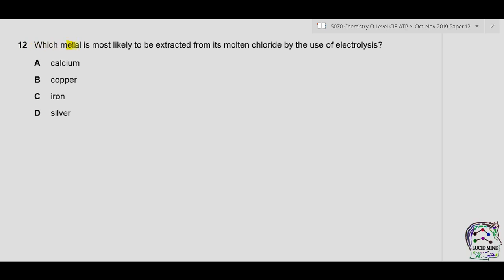Question 12. Which metal is most likely to be extracted from its molten chloride by the use of electrolysis? From reactivity series we know that potassium is the most reactive one, then we have sodium, then calcium, then magnesium, then aluminum, zinc, iron, lead, copper, silver, and gold.